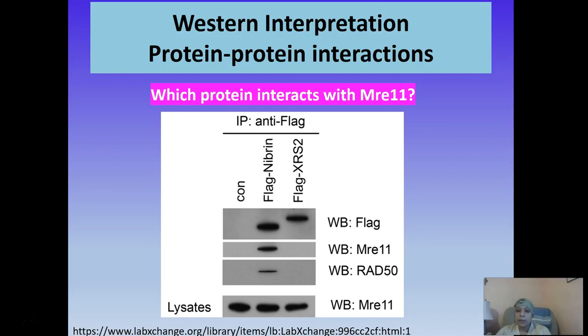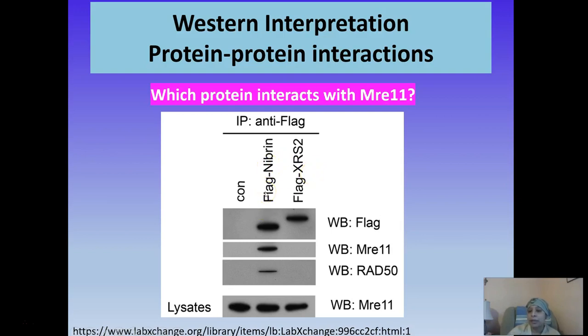Here is the last one that I'm going to show, and this is looking at protein-protein interactions. This is combining co-immunoprecipitation technology with Western blot analysis. So here I'm examining which proteins interact with my maybe favorite protein, MRE11. So in this case, we are looking at our full extract, and then we are using flag-labeled Nibrin or flag-labeled XRS2, two proteins that we thought might be interacting with it.